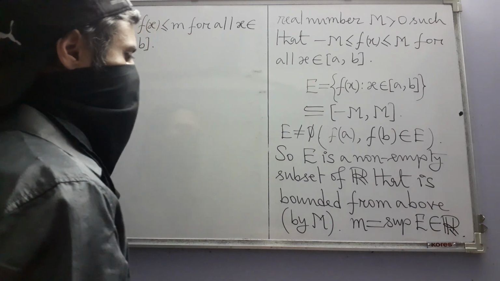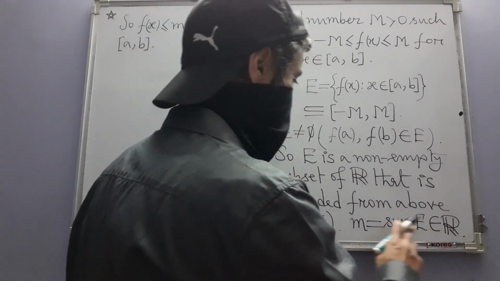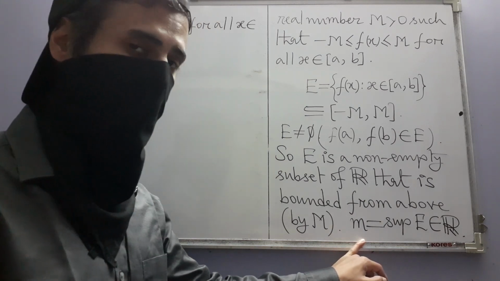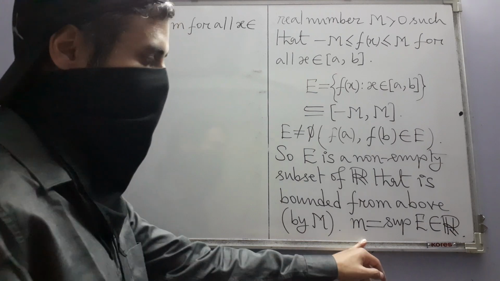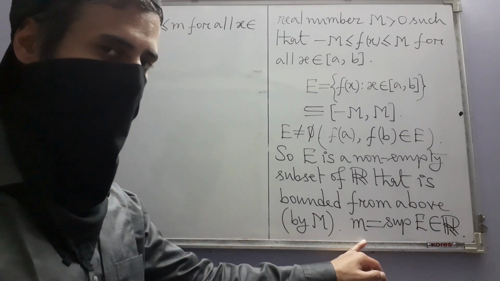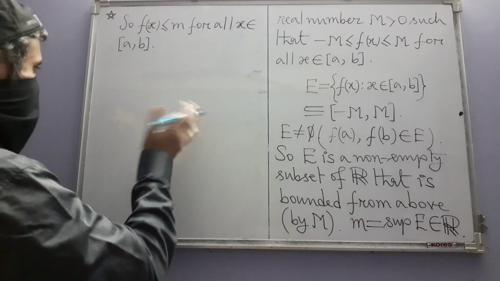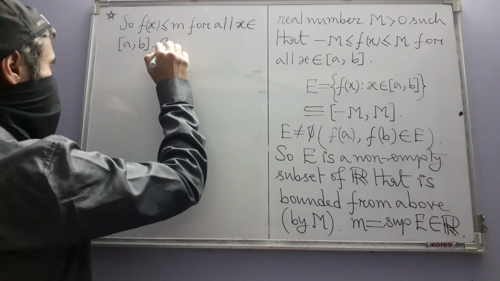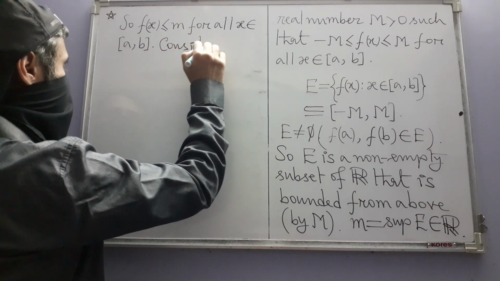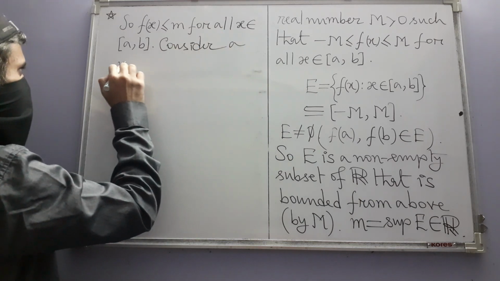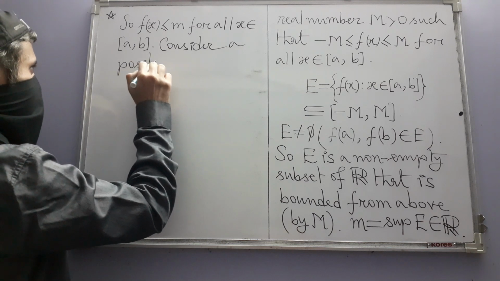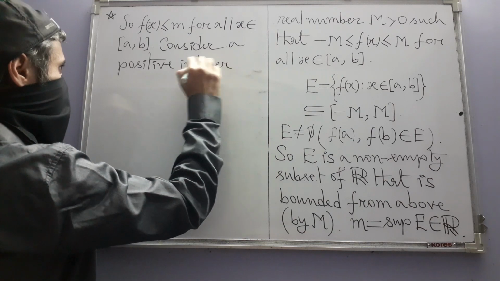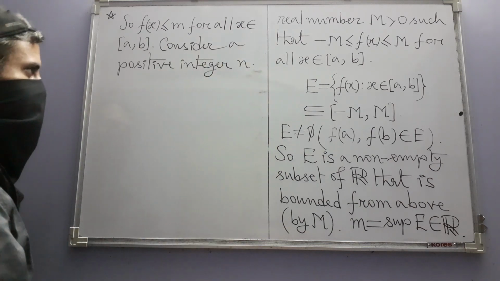So now what can we do? Now we are going to use the fact that this is the least upper bound. It's an upper bound, fine, but among all upper bounds, it's the smallest. Suppose you consider a positive integer n, any positive integer n.